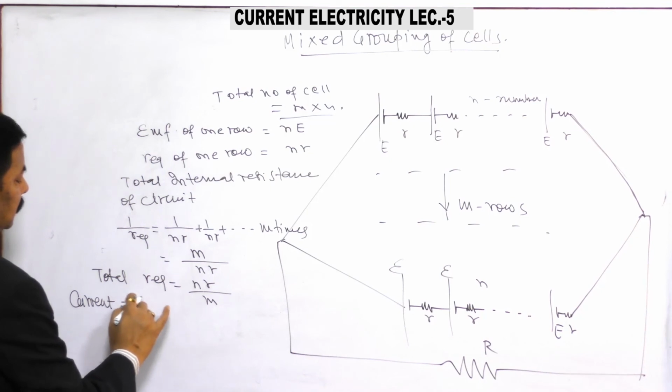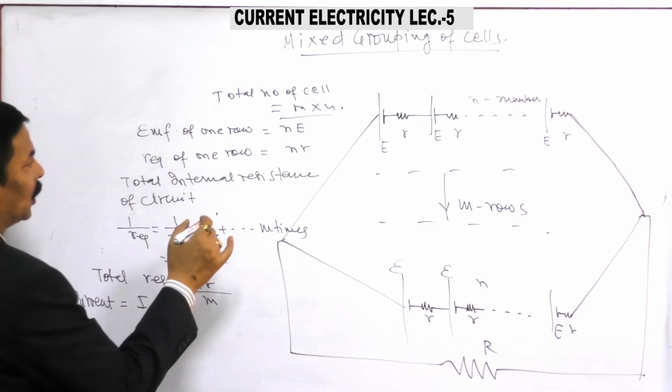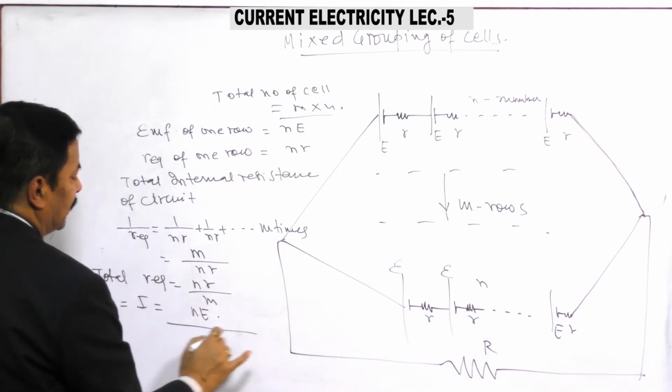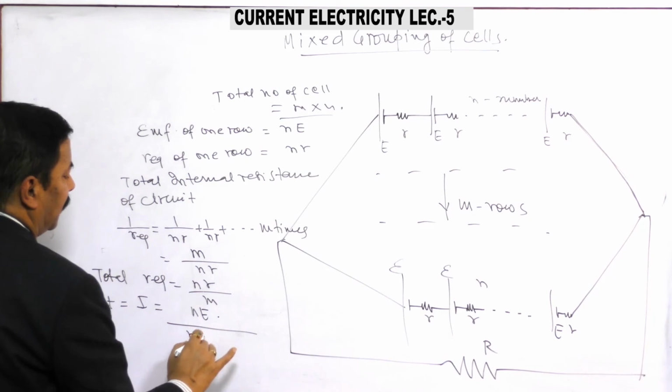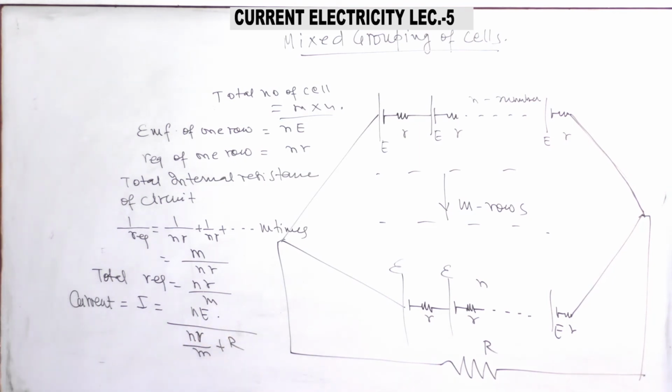Then the current I in the external resistance R is equal to total EMF nE, by total resistance nr by m plus R. Why? Because this is the external resistance.